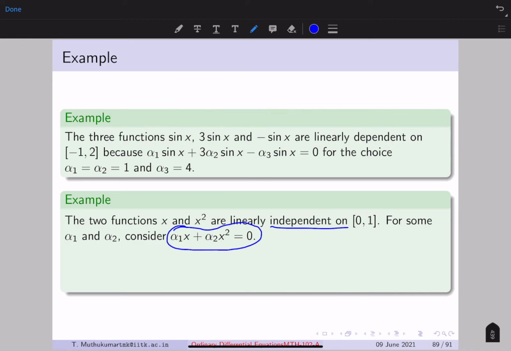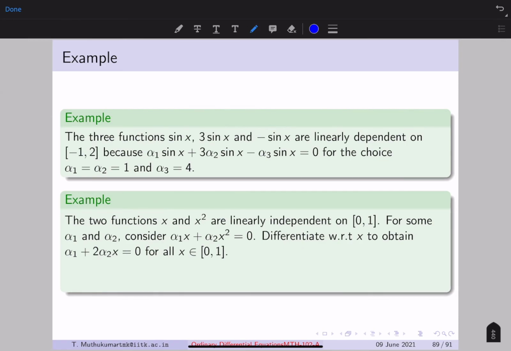To verify that, you differentiate this equation once with respect to the x variable, and you get alpha 1 plus 2 alpha 2 x equal to 0. Now in this equation you multiply x on both sides, and you get this equation. So now you have one more equation, along with the equation 1 that you started with.